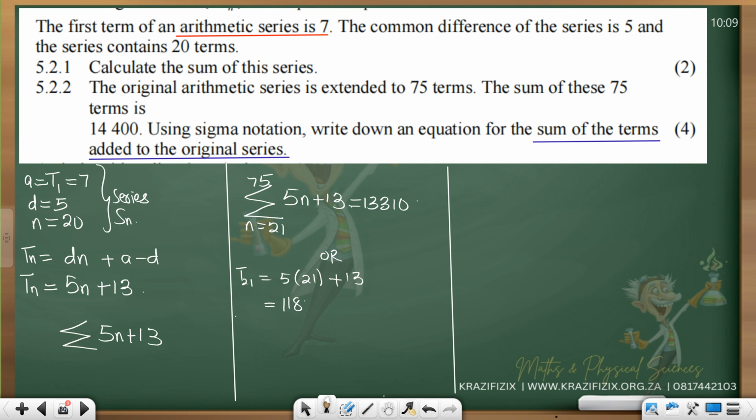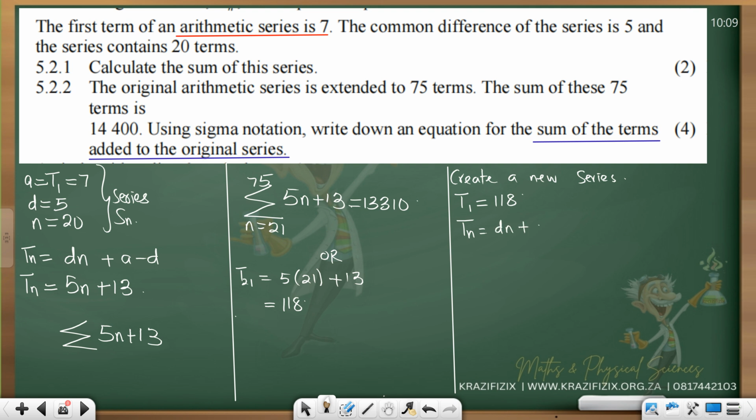So T21 is this. Now I am going to create a new term, create a new series, such that my first term is 118. I'm creating an entire new thing. What will my new Tn be?